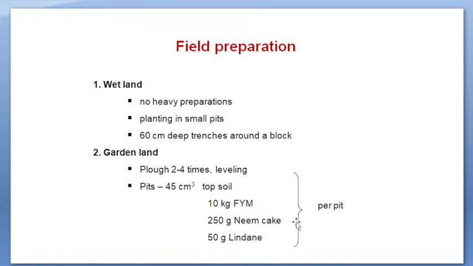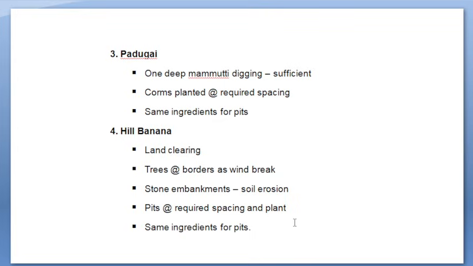Garden land means we have to plow 2 to 3 times, and we have to fill the top soil with 10 kg, 250 grams of neem cake, and lindane we can put to control the problem of nematode. And suppose it is padugai land, we can use a spade, and we can plant the corms.